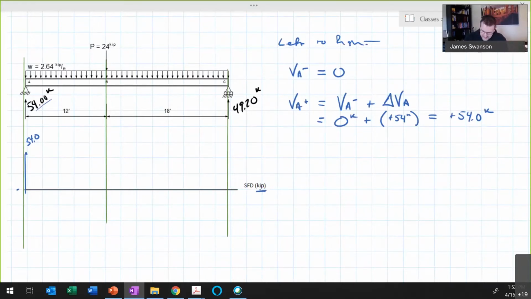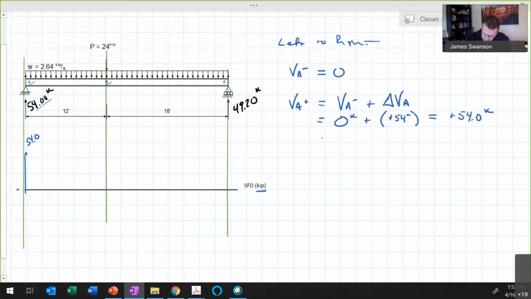All right, now let's see. I'm going to go between points A and B because there's a constant load and then there's a concentrated force here. That force, if we were mathematicians, would be a pole, right? Can't integrate across a pole.